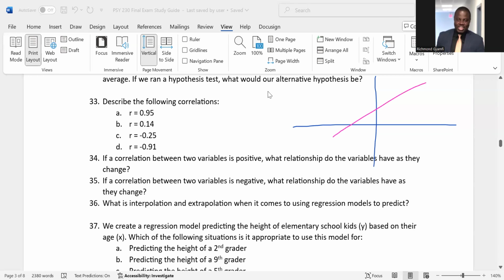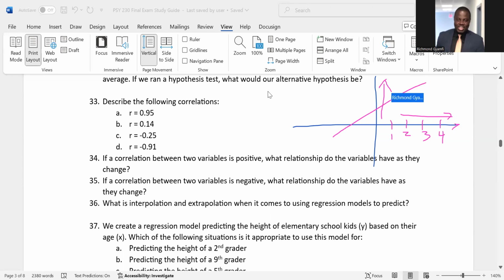So this is positive. Look at the X and Y. As it goes up, you will see that X is increasing, 1, 2, 3, 4, and it keeps going like that. So X is going up as this line goes up. And look at Y. Y is also going up.